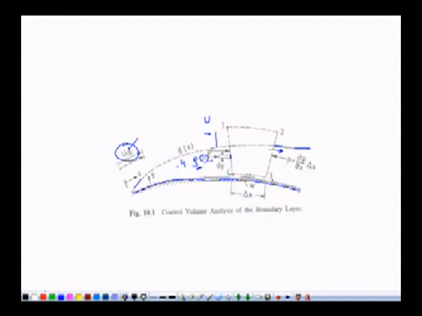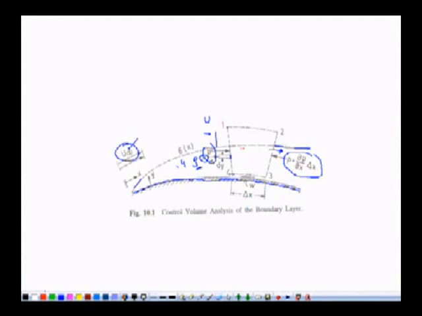And what is the force here because of the shear stress? It is tau w. And what are the forces acting on 1 4 and 2 3? Since we have a pressure force acting on 1 4 and a pressure force acting on 2 3, they will have a component in x direction. So here pressure is equal to P on the left hand side, and on the right hand side, with the help of Taylor's expansion series, it is P plus del P over del x into delta x, because del P over del x is the gradient in x direction multiplied by delta x, neglecting higher order terms.